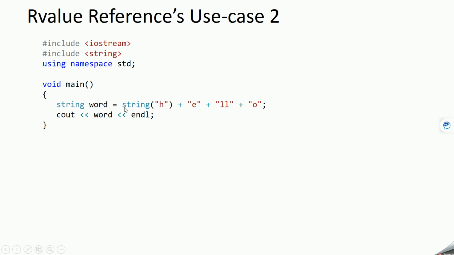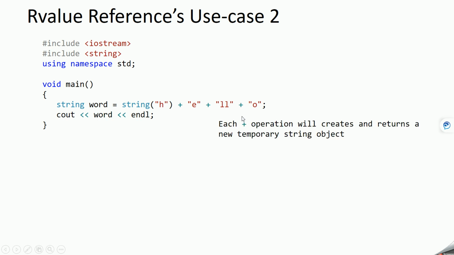In this case, what we are trying to do is concatenate multiple strings. When it performs this h plus e, for each plus operation one temporary storage will be allocated. That means for HE, one temporary memory will be allocated, and then again for HE plus LL, another temporary storage, then again for HELL plus O, another memory.